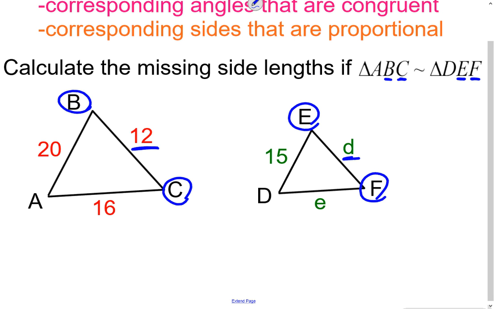I always like to start with my variable, so I'm going to go with D corresponding to the 12. So there's my first ratio.